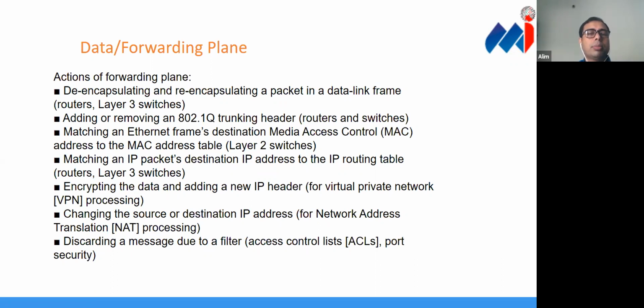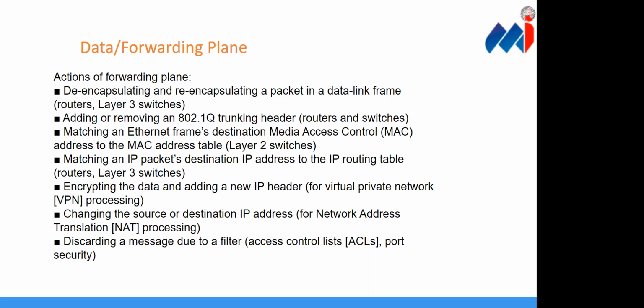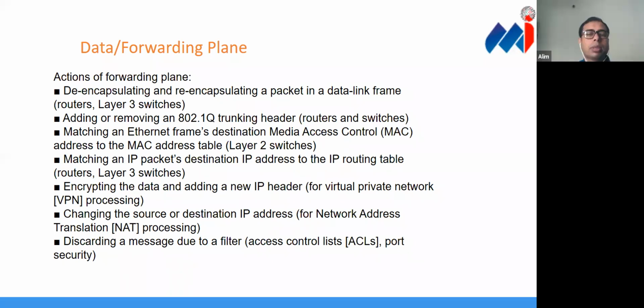And matching an Ethernet frame destination MAC address to the MAC address table at a layer 2 switch. That is also forwarding plane. And matching the IP packet destination address and forwarding it to a specific route. That is also data plane. The packet's destination IP is matched and it looks up which route should be followed.